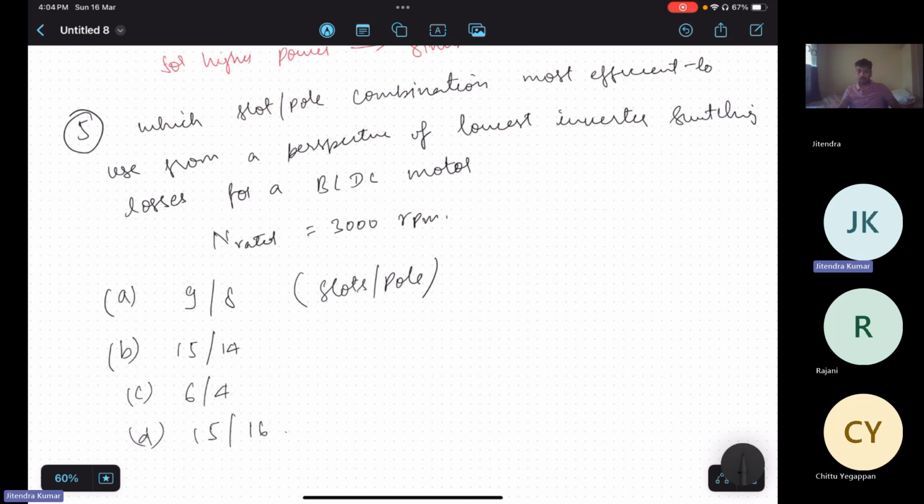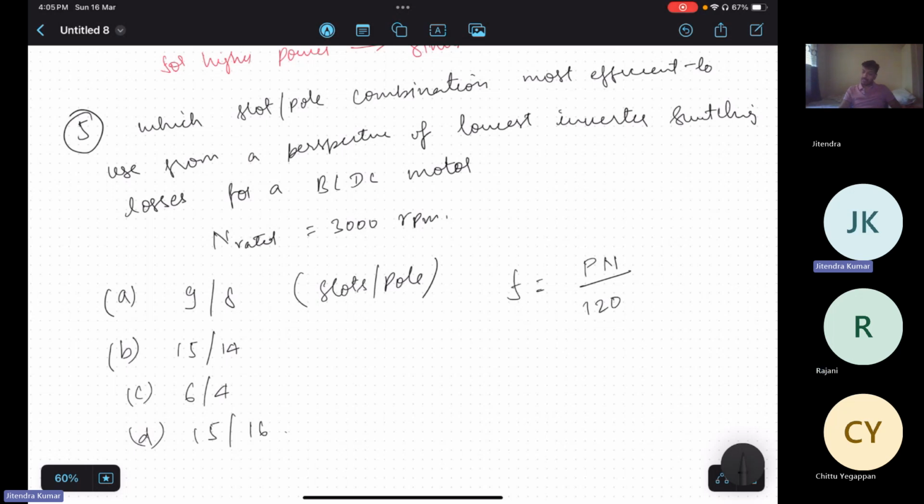We have to choose a slot-pole combination based on the lowest switching loss, and this will depend on how much loss is happening in the motor slots. First, calculate the frequency of the motor, N by 1.2.